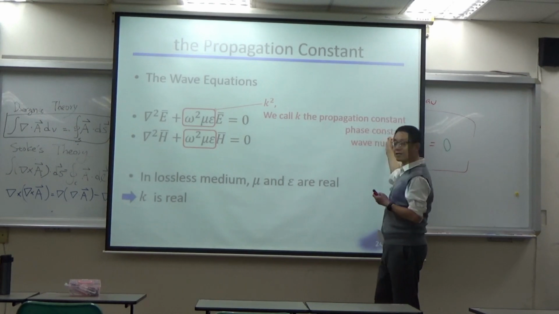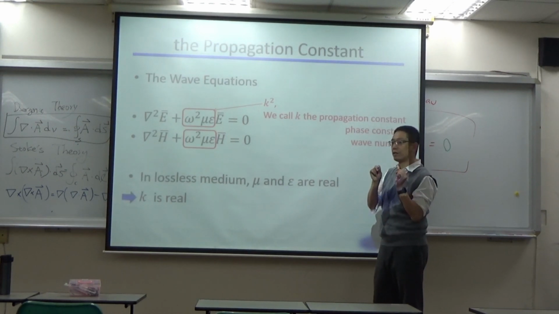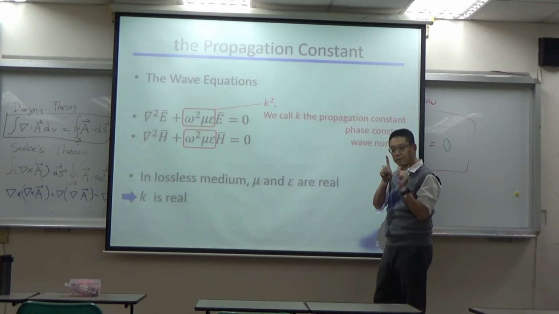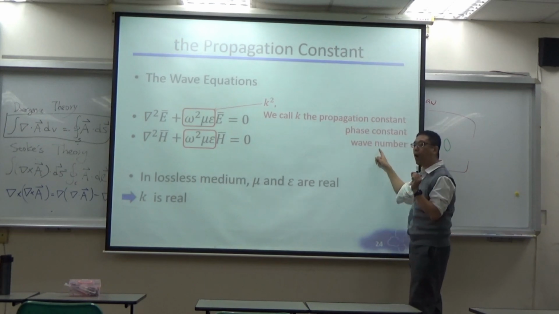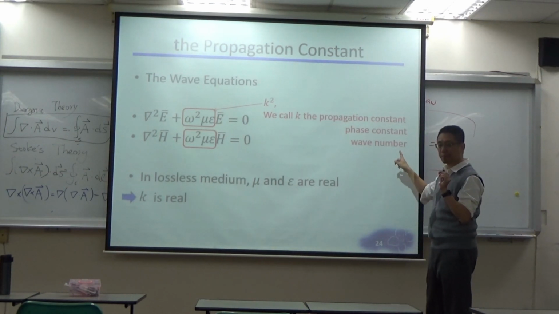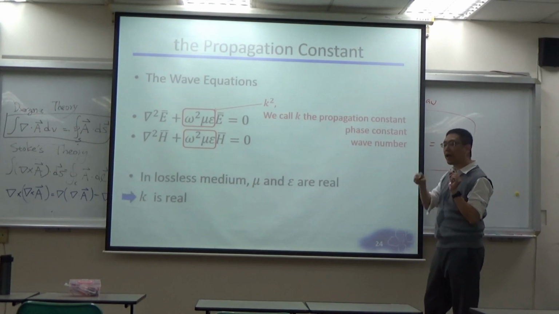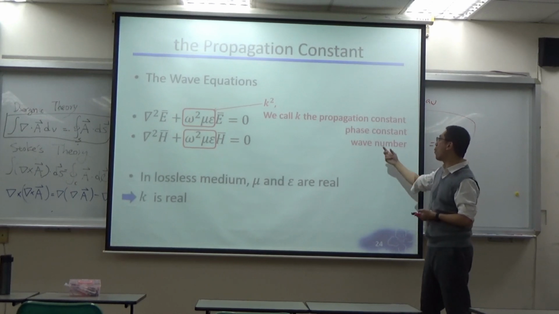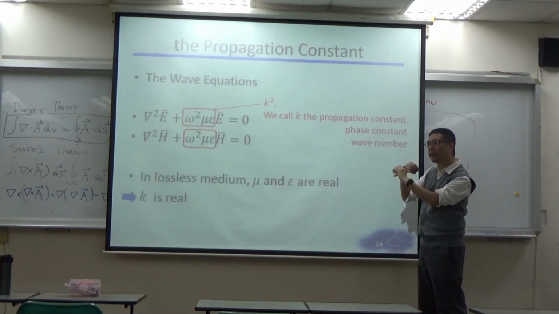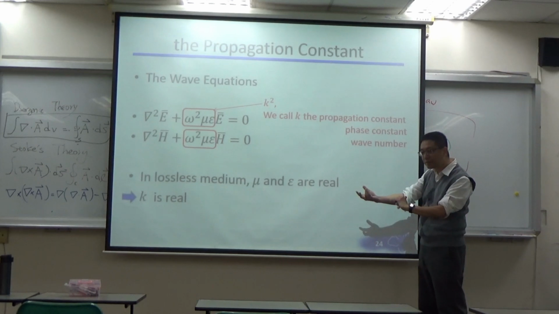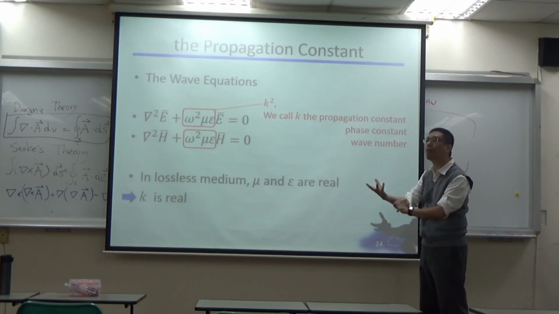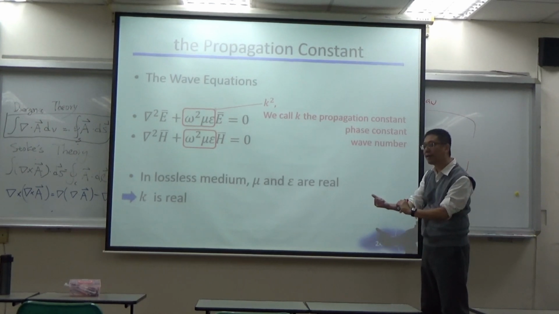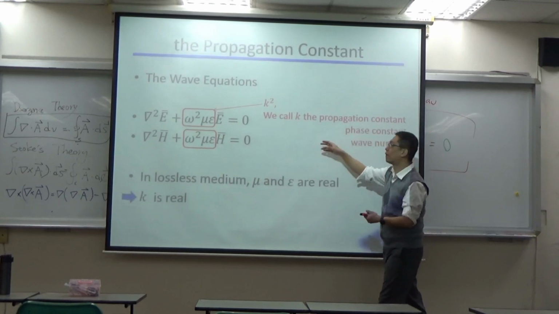We call it phase constant because k is related to phase. We call it wave number because k is related to how many waves in one something. How many numbers of waves, we call k. Okay? So three names for k.